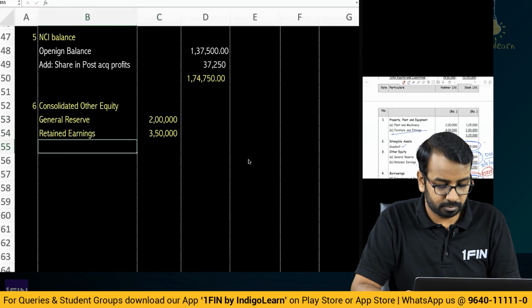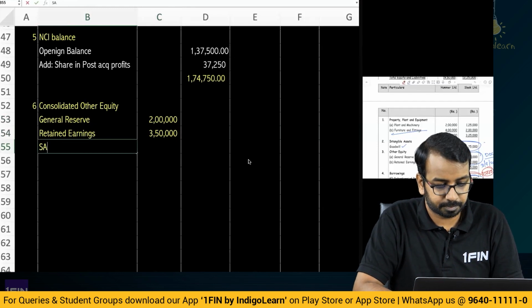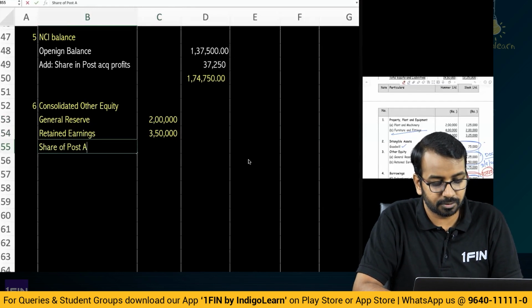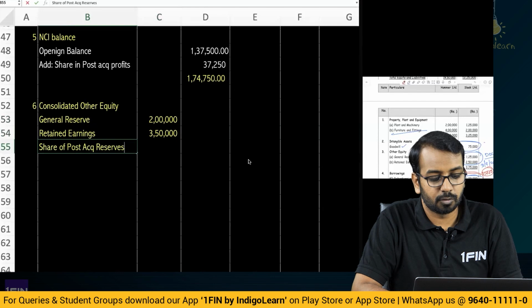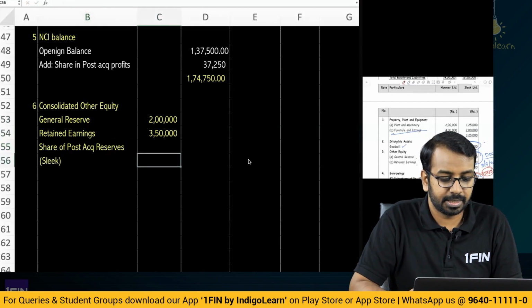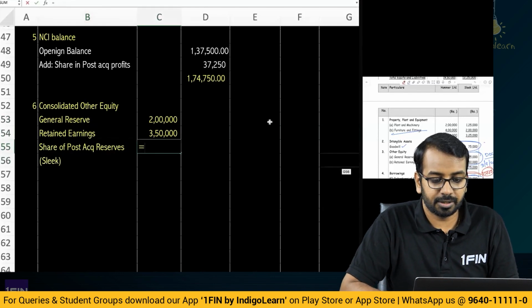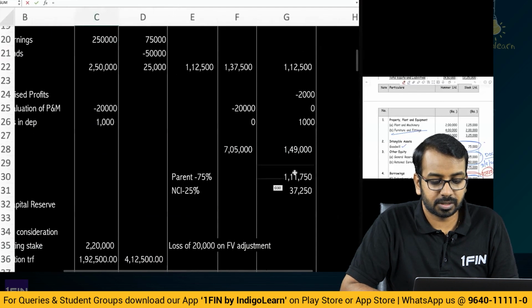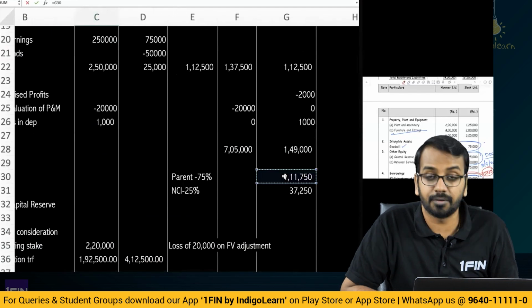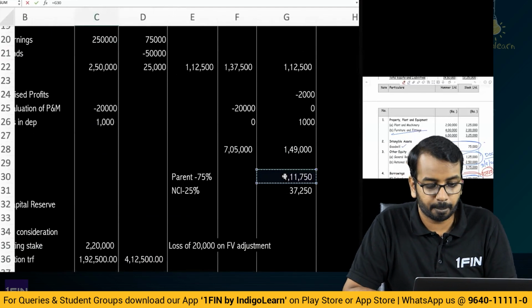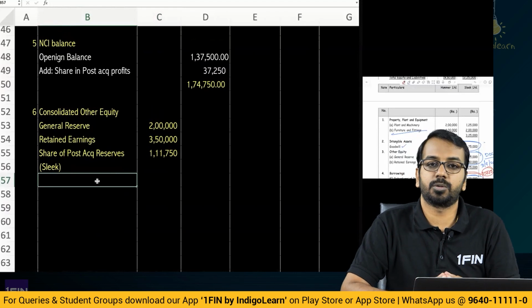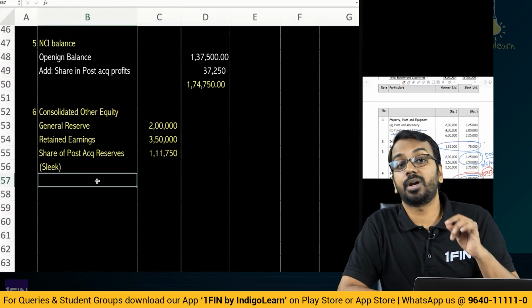Then share of post acquisition reserves from the subsidiary Sleek, that we have calculated here, 1,11,750, that is the post acquisition component. Then we have some more adjustments to be done.